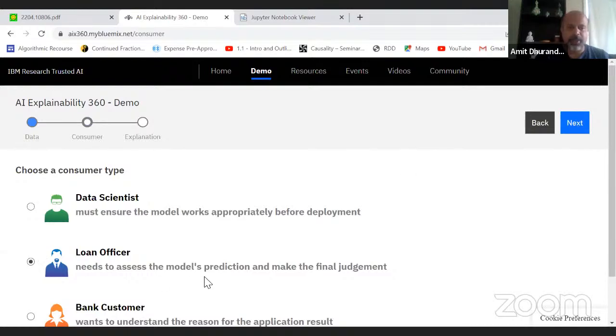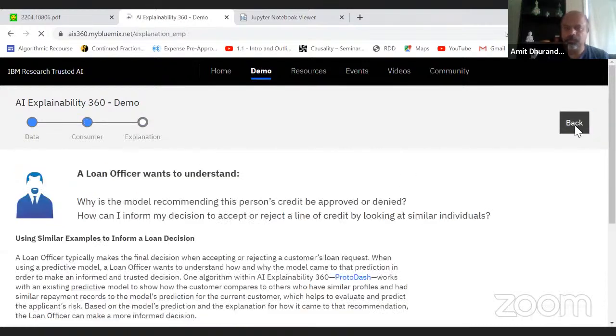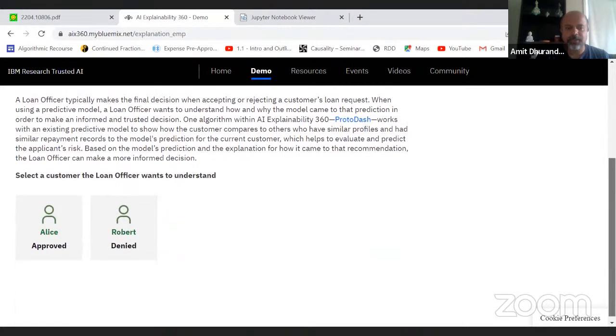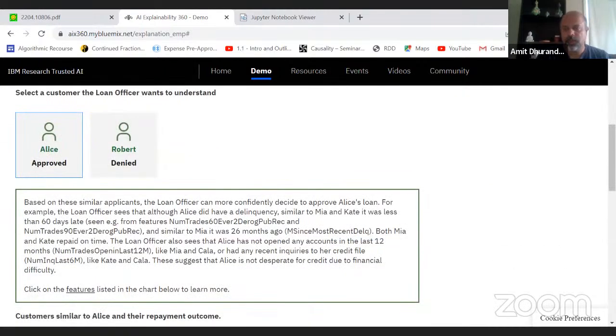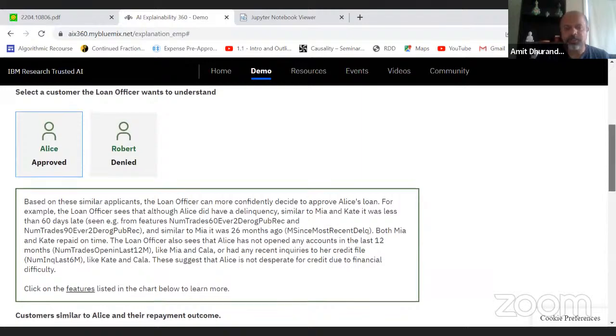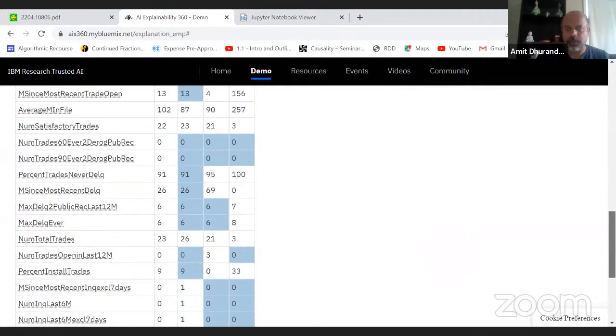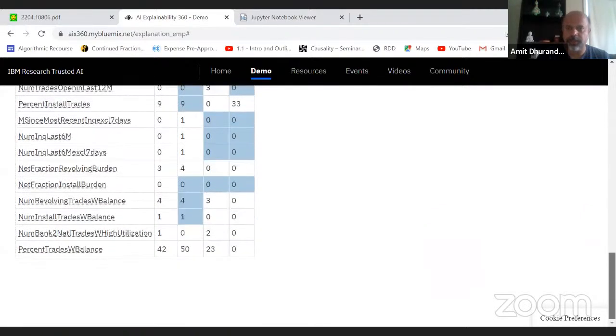The second might be a loan officer who has to decide whether to approve or deny someone's loan. Say he has decided to approve Alice's loan. He might want more confidence in that decision, seeing whether there are similar people whose loans were approved previously and who repaid them.